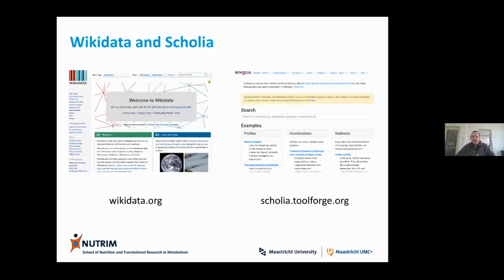So Wikidata is a sister project of Wikipedia. It's a global community-driven portal, a website like Wikipedia. And like in Wikipedia, there is actually quite a strong chemistry project going there.